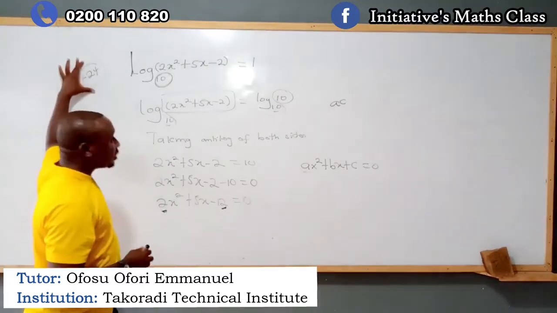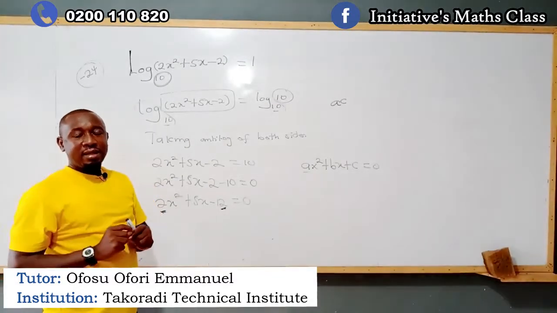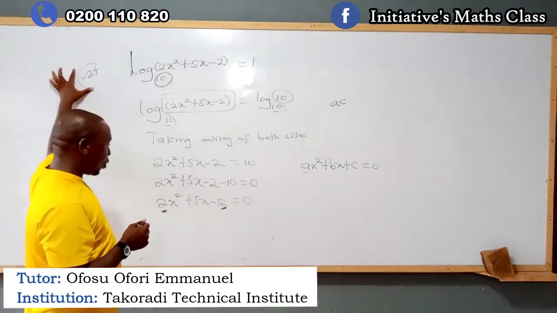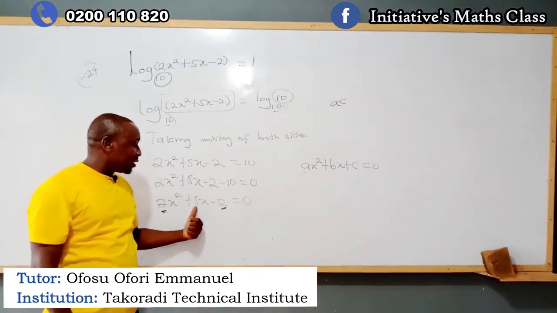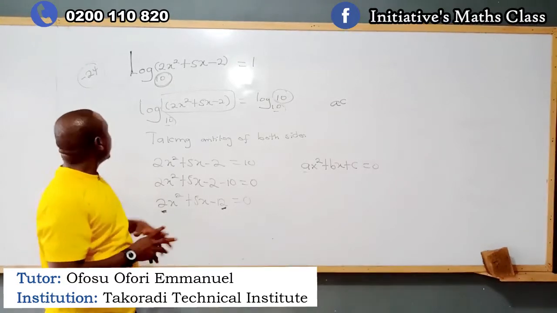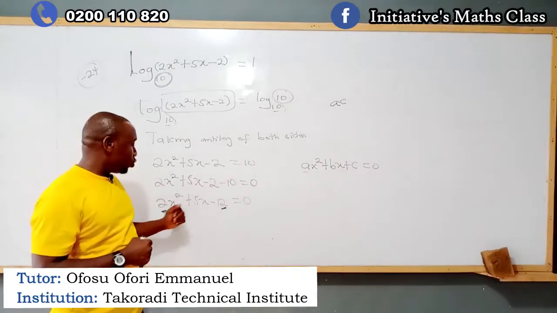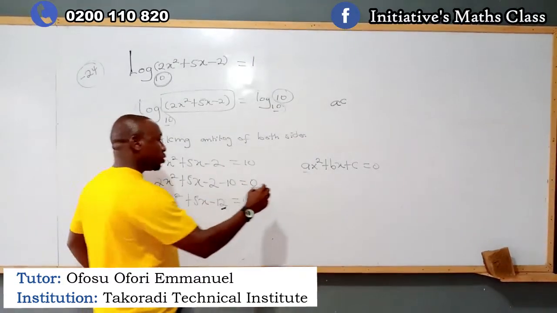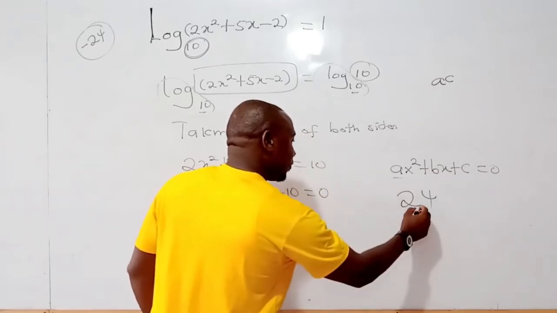After getting this negative 24, you find two numbers such that when you multiply, you will get negative 24, but when you add, you will get positive 5. In fact, what I've always been doing is to draw my tree. 24.